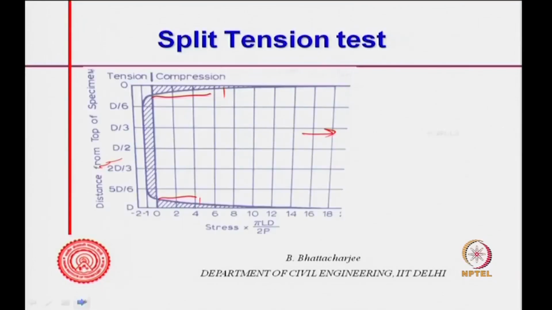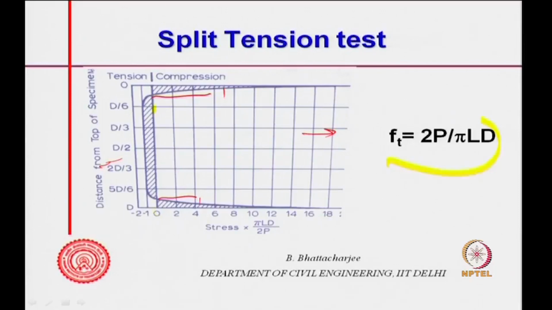Compression is confined to roughly d by 6 to d by 12; all other places it is actually tension.